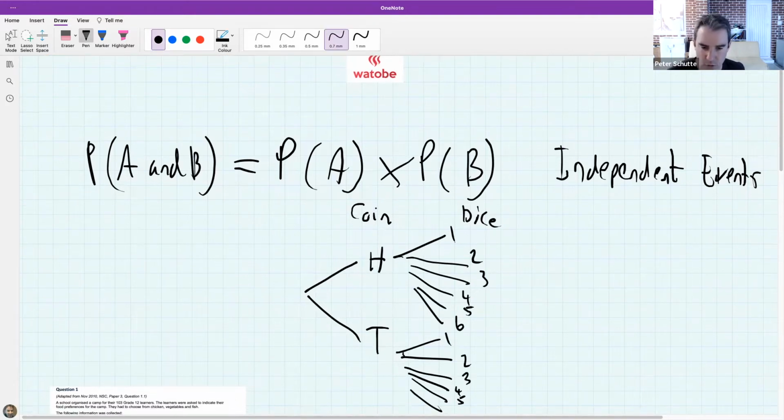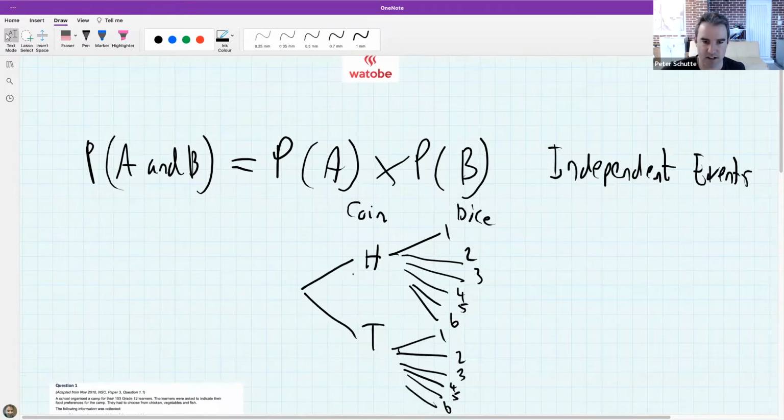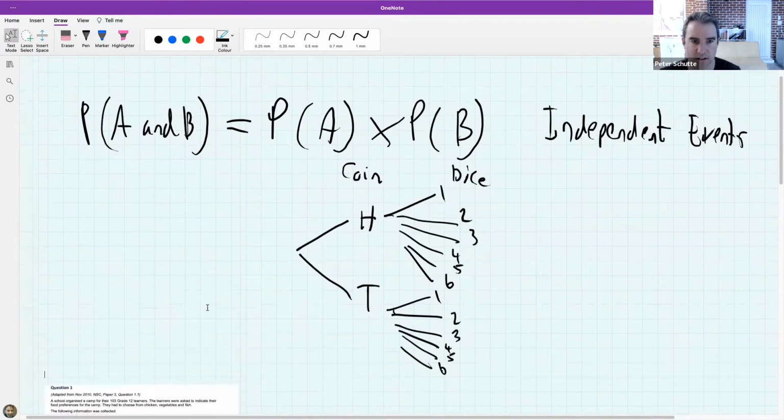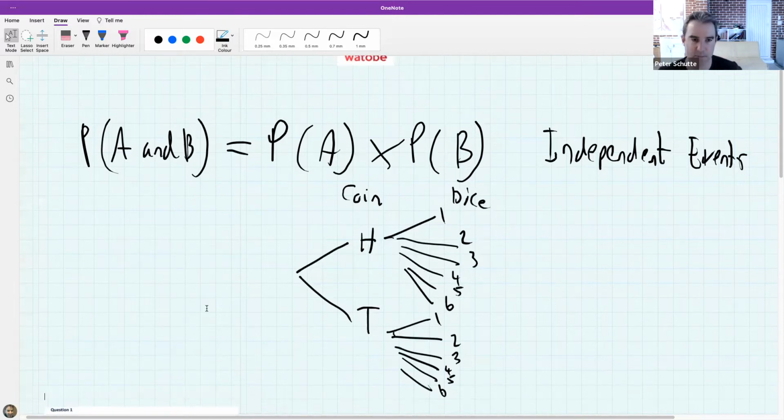The first thing a tree diagram does is show you how many different outcomes there are. In the event I'm talking about, event A is the result of tossing a coin, and event B is rolling a dice.